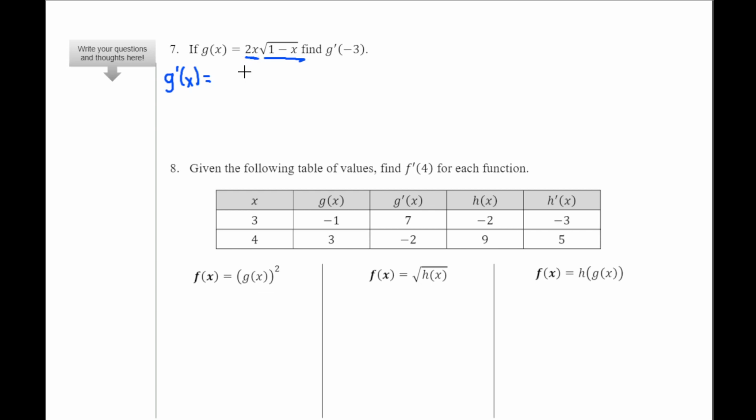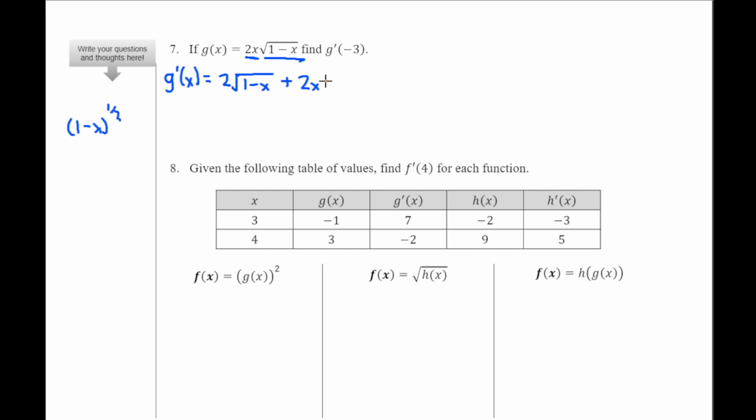This is a product rule and a chain rule. But first you can take the derivative of the 2x, which is a 2, and you just leave the other. And then you have to add 2x times the derivative of 1 minus x. So root 1 minus x can be rewritten as 1 minus x to the 1/2 power.